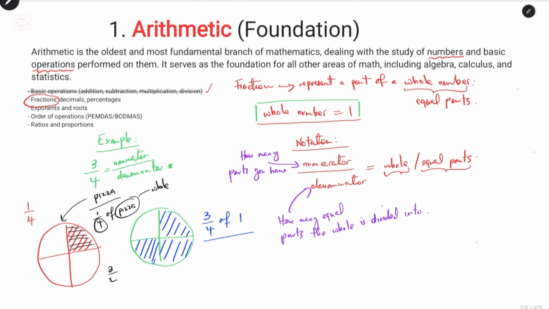If you want to buy 2/4, they will give you this portion and this portion. If you want to buy 3/4, they will give you this portion and another portion. And if you want to buy 4/4, which is equal to 1, then that means you will get a whole pizza, which is represented by the 1 as a whole number.